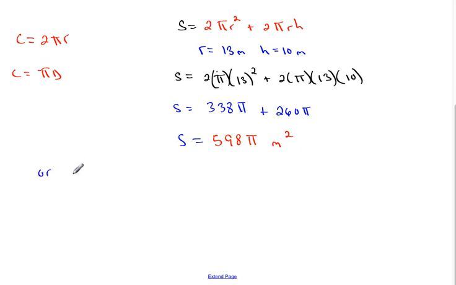Or if you're told to use pi as 3.14, an approximation, then take one last step here, and S equals 598 times 3.14. Multiply those two.